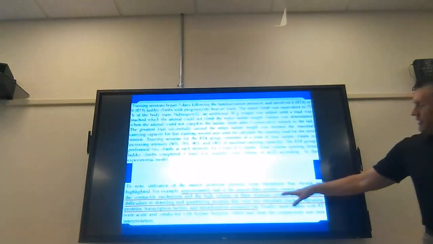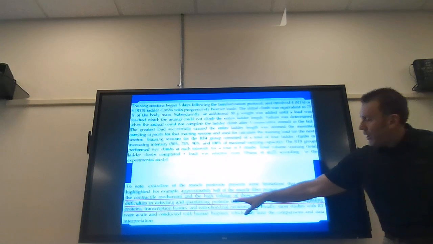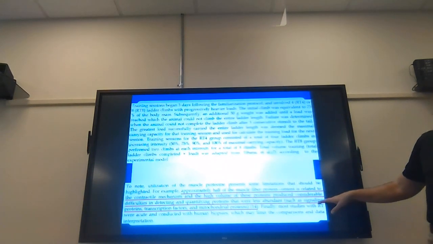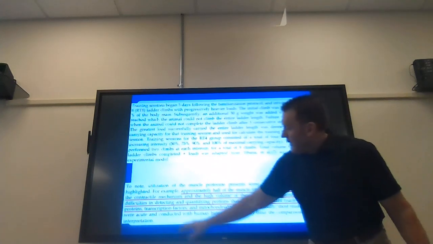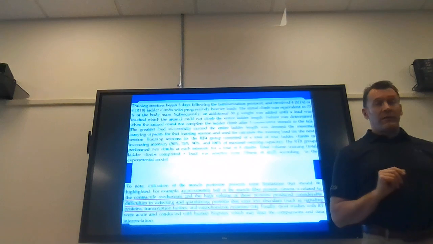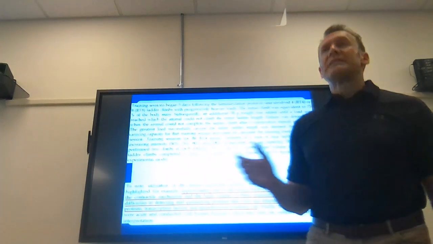And the high volume of these proteins produce considerable difficulties in detecting and quantifying proteins that were less abundant, such as signaling proteins, transcription factors, and mitochondrial proteins. So that's basic research. Is this applicable? Can you apply it?